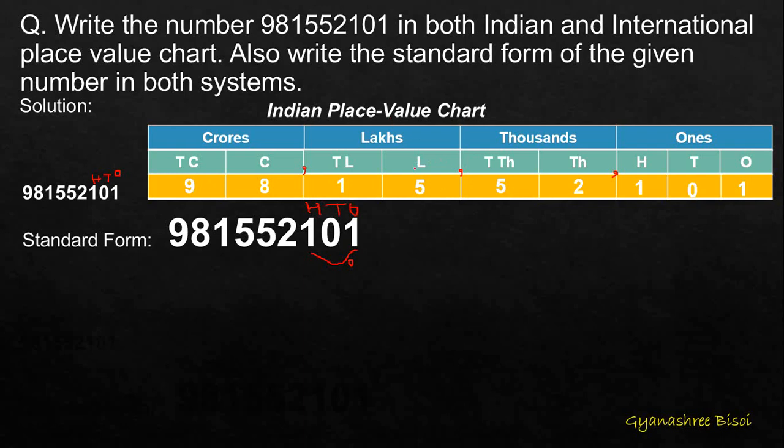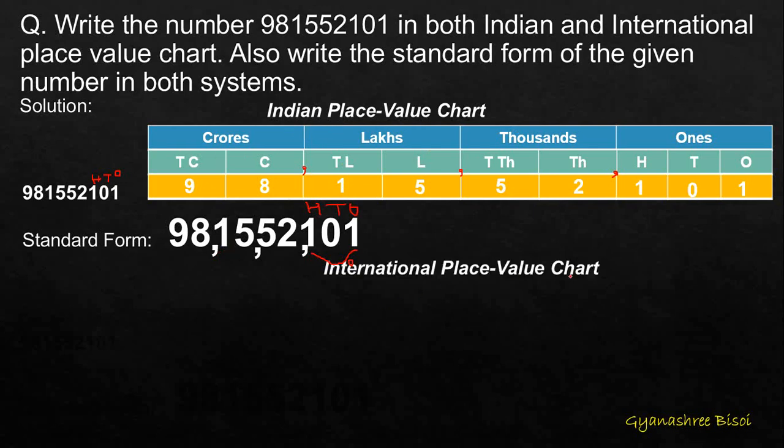So at the end of the first period I will put a comma, then leave 2 digits for the thousands period, then a comma, then leave 2 digits for the lakhs period, then a comma.